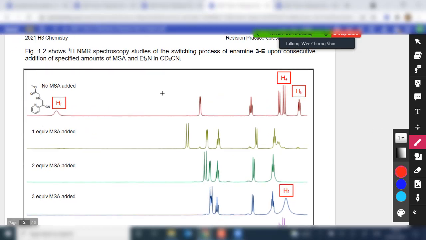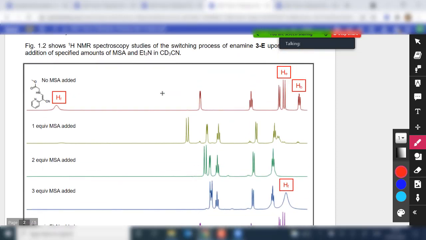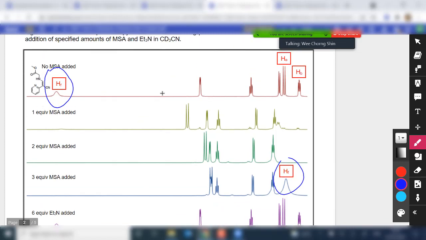You realize that number one, the broad singlet, is shifted, so it becomes shielded. Then after that, your H, B, and E, where are they now? They get shifted downfield, I think to 8.3 and 7.45.